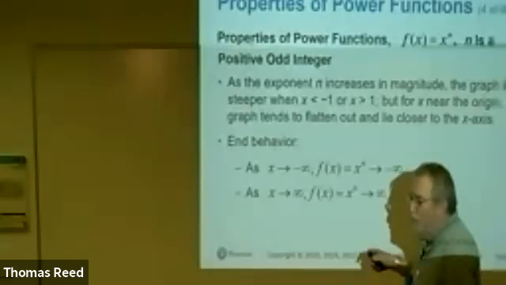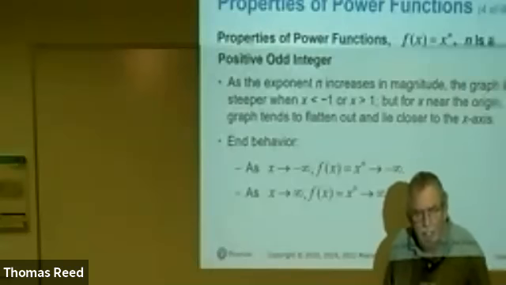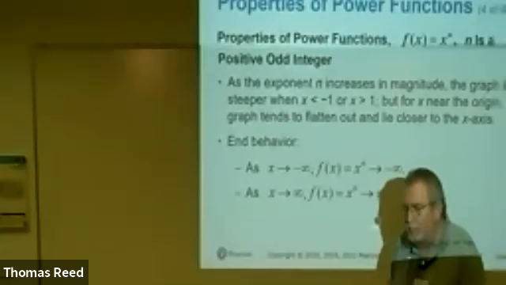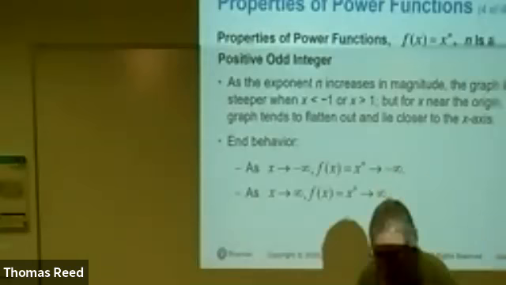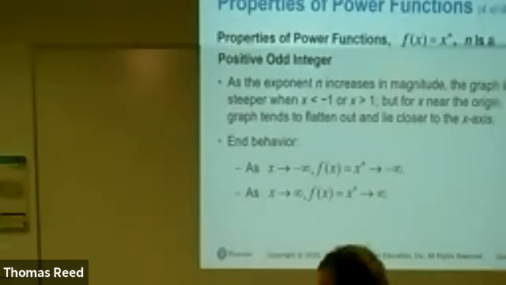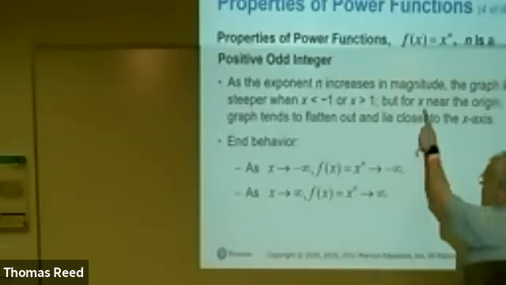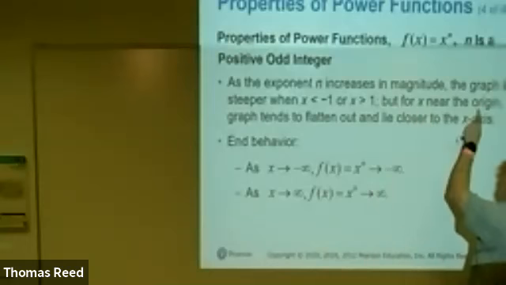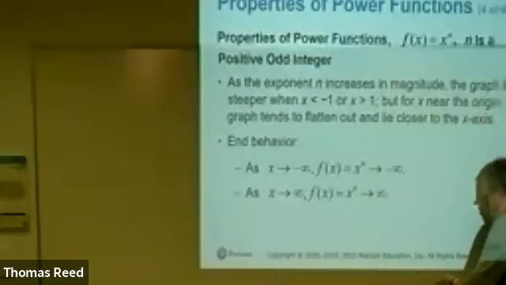So when we're talking about x cubed and jump to x to the 5th, then it's going to be a steeper curve. And then just like with an even function, when x is near the origin, the graph tends to flatten out.